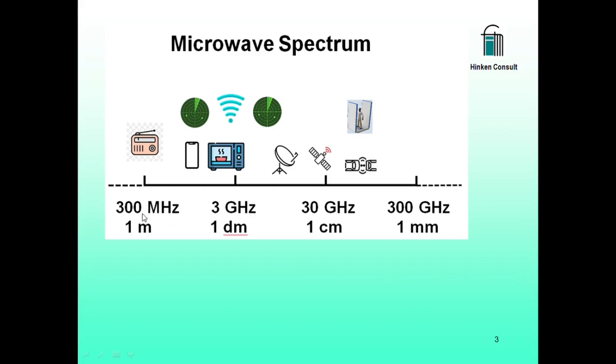It extends from 300 megahertz to 300 gigahertz, and respectively the wavelengths are 1 meter to 1 millimeter. The typical services are audio radio, mobile radio, the microwave oven in the kitchen. It is Wi-Fi, distance radars for ships and aircraft.